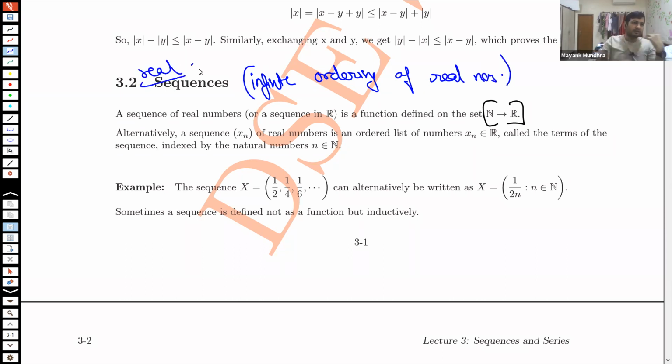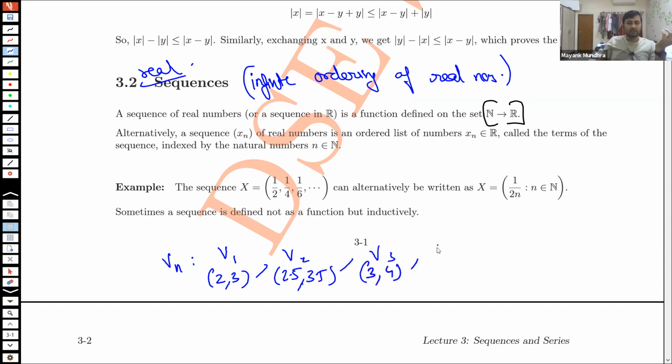Similarly, you can have sequences in vectors. So you could have a sequence in vectors which we call Vn, where v1 could be a vector, let's say (2, 3). v2 would be a vector, let's say (2.5, 3.5). v3 could be a vector, let's say (3, 4). v4 could be something, and so on.